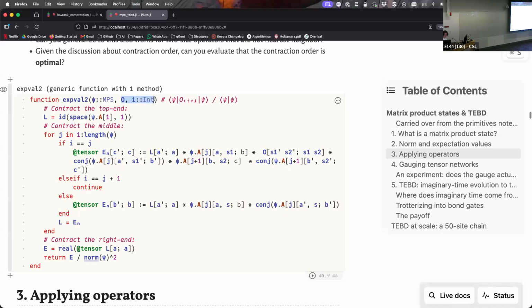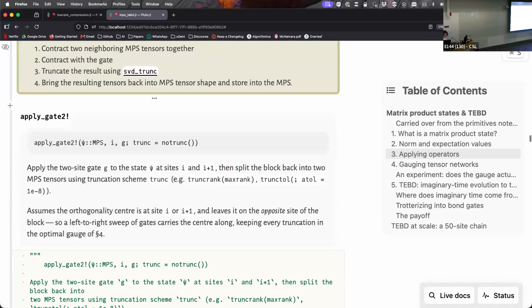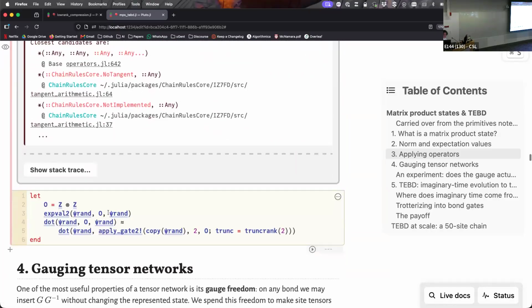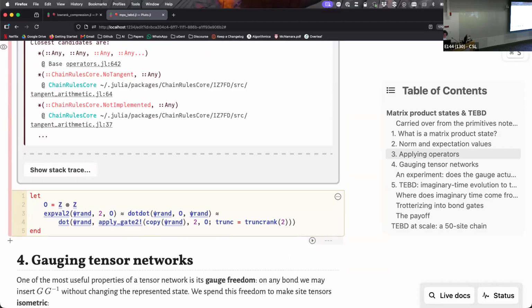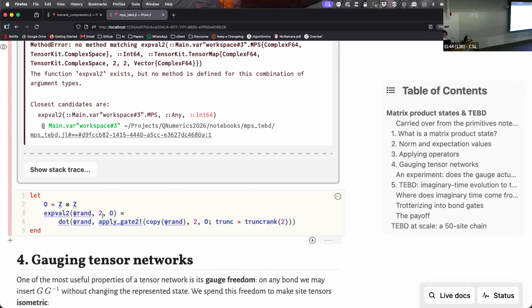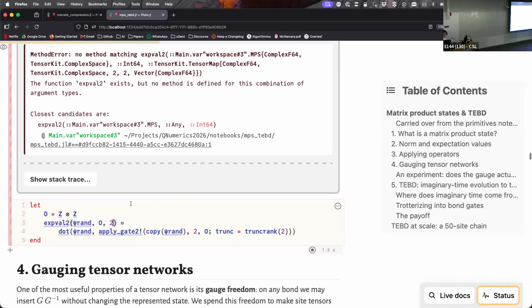Just give it the first 2 arguments. And that should equal taking the overlap of the state with applying the gate. And I might have swapped these arguments.